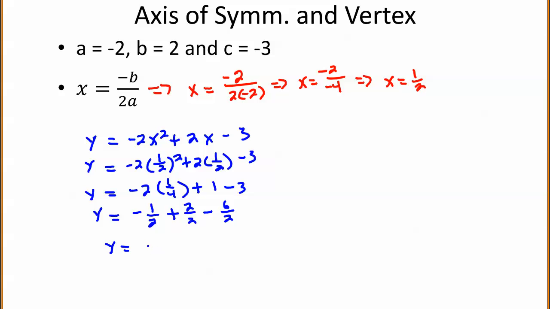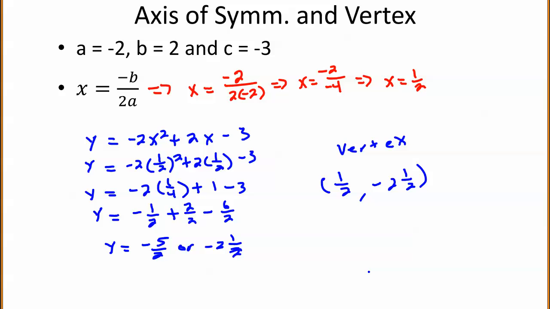And then minus 6 is negative 5/2. So that tells me that my y coordinate of my vertex is negative 5/2, or negative 2.5 may be easier to think about when we're graphing. So that's our vertex. So we know from that point our graph is going to open downward.